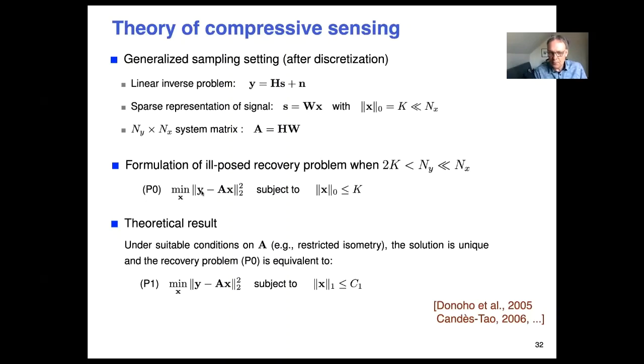So you try to minimize the error between the measurements and the simulated measurements, subject to a constraint that the number of significant, let's say, wavelet coefficients be small. And now, okay, minimizing the L0 norm is essentially NP-complete, NP-hard.